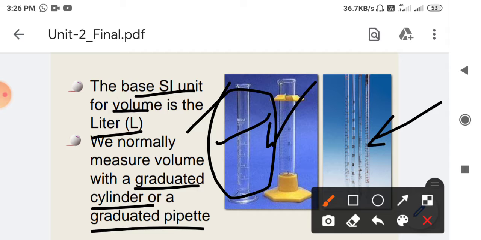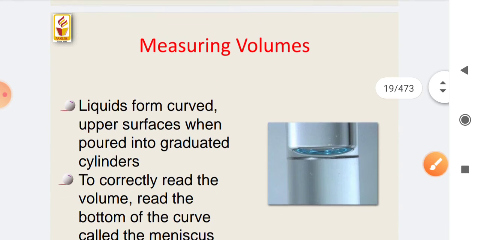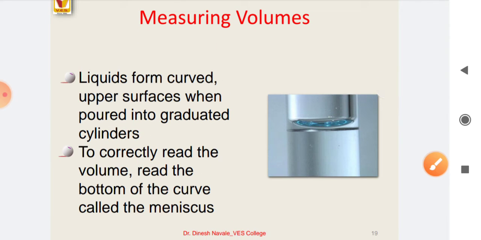For measuring 0.5 ml of a given solvent, we have to use the graduated pipette.